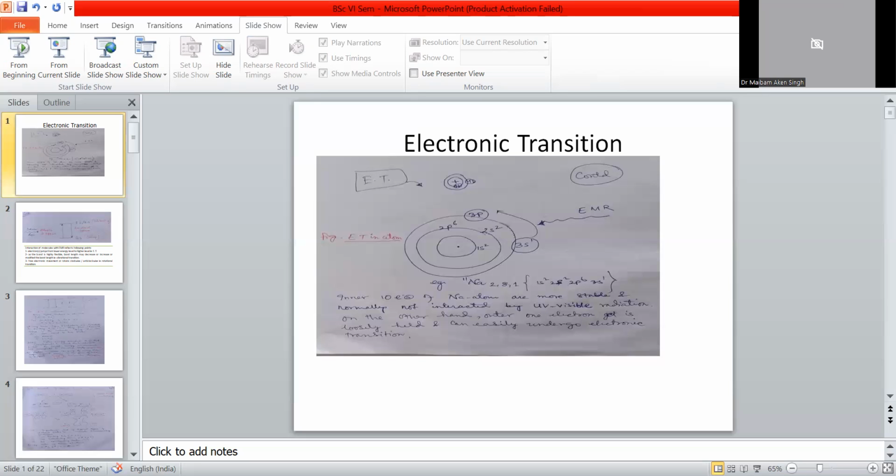For example, when sodium material is ignited in a flame, we see yellow light. So the higher 3p is unstable compared to the lower 3s when releasing electromagnetic radiation.